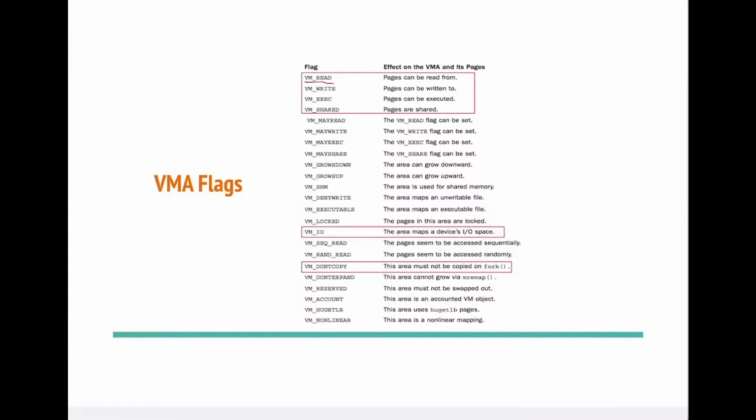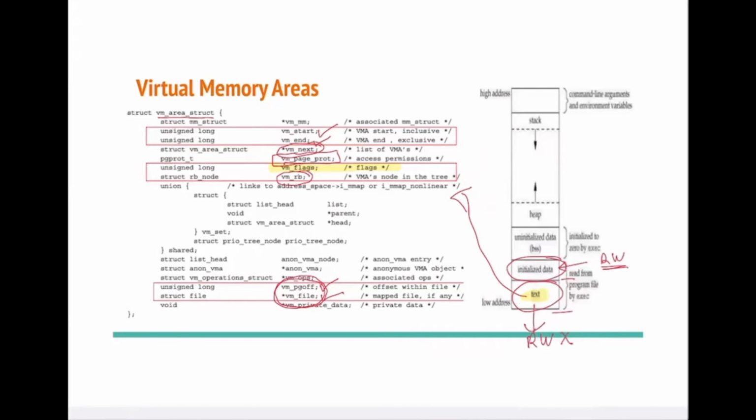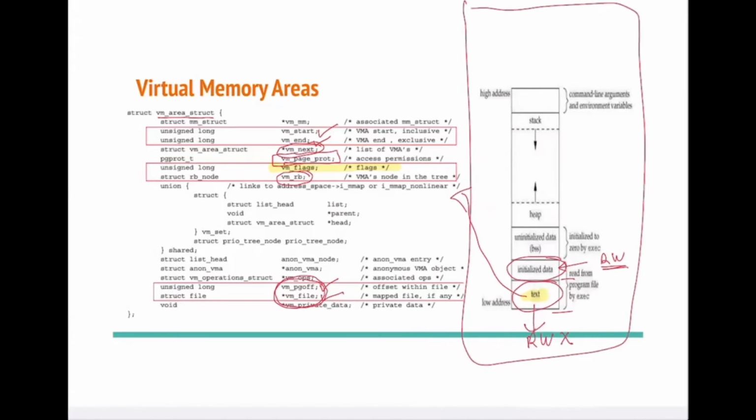Also, look into this variable, which is for memory mapped files. It is not only the process that can be mapped into the RAM. We can assume that this is the whole RAM and this is our one process mapped into it. We can have areas where we have a memory mapped file.